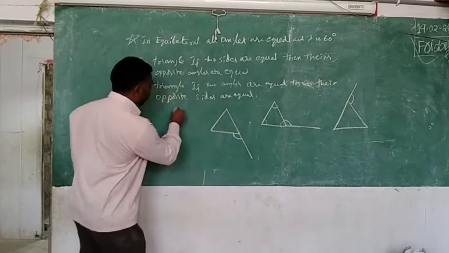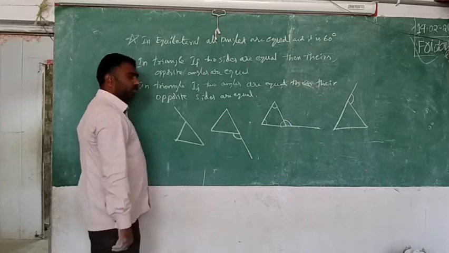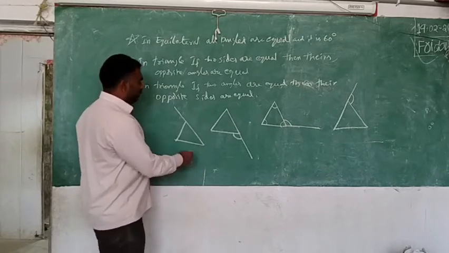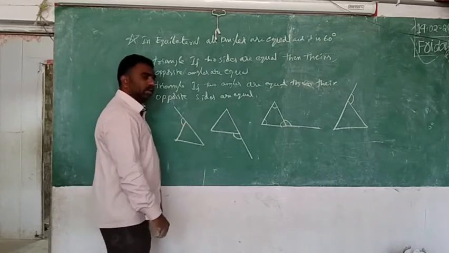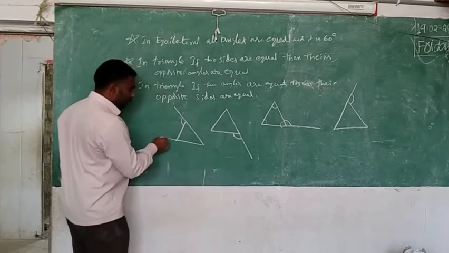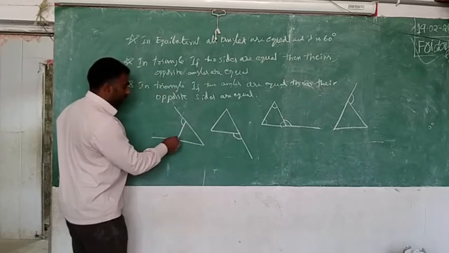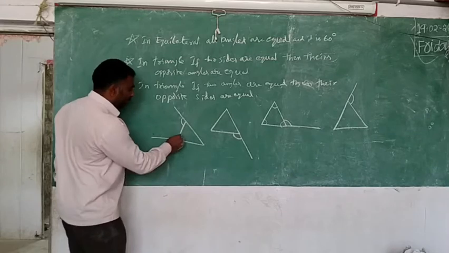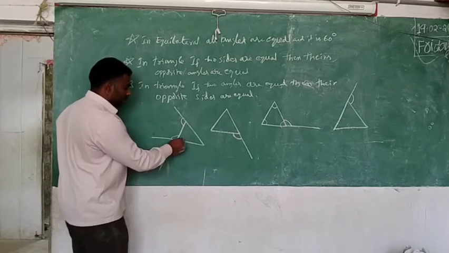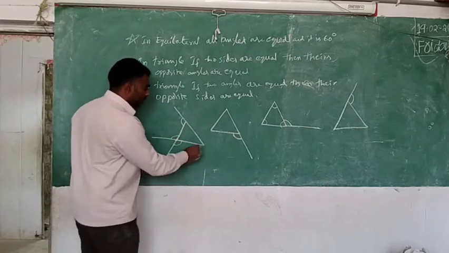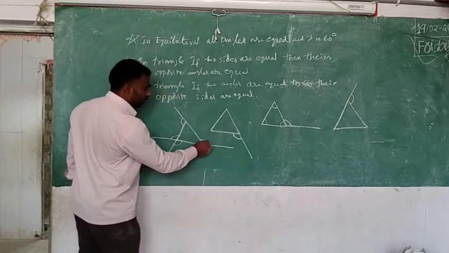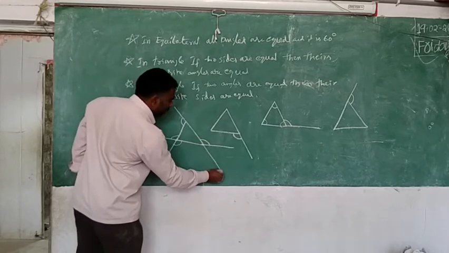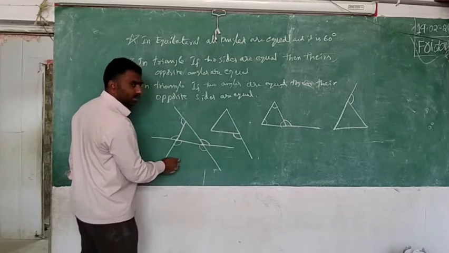I can produce like this also. Then where is the exterior angle? Here. I can produce like this also. If I produce like this, it is an exterior angle.